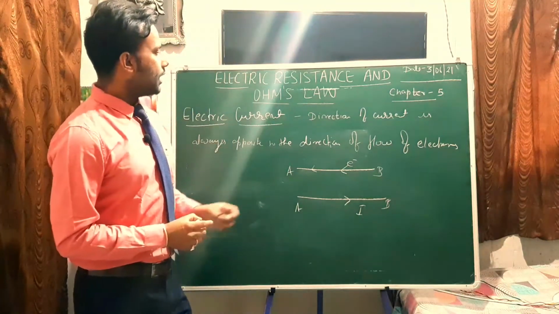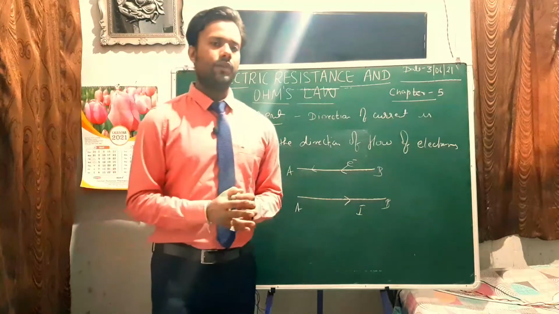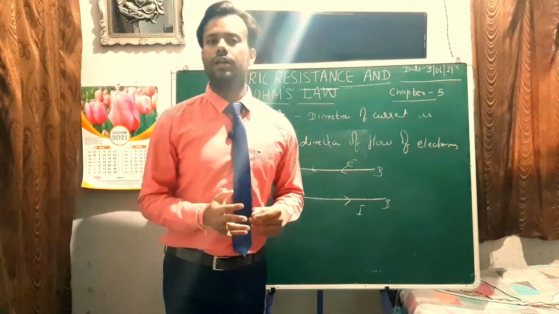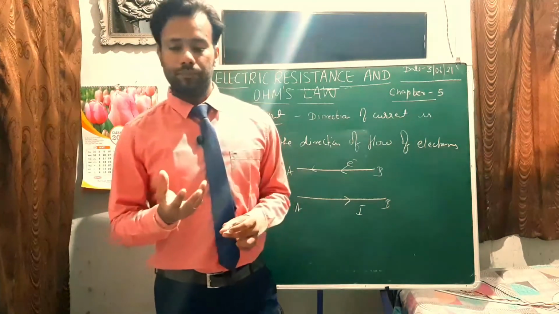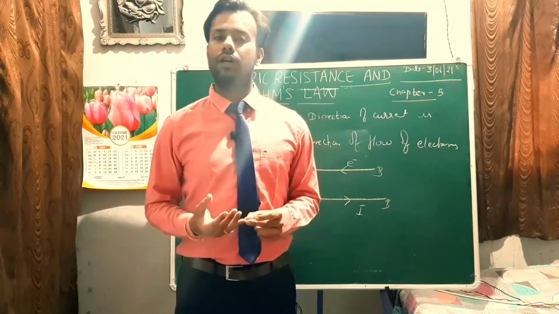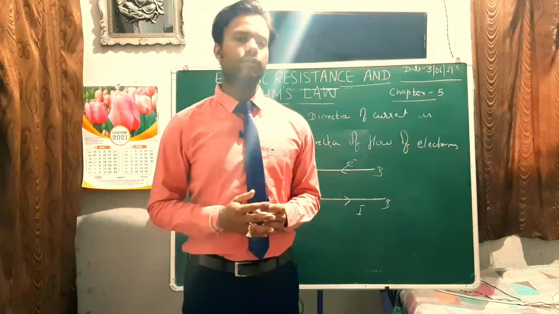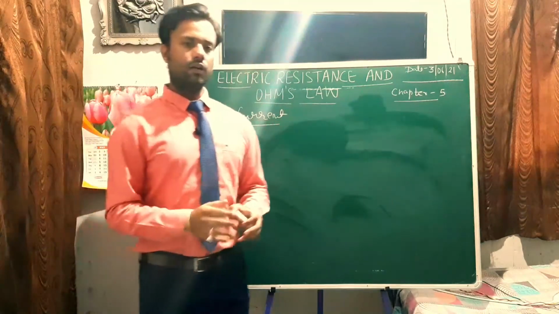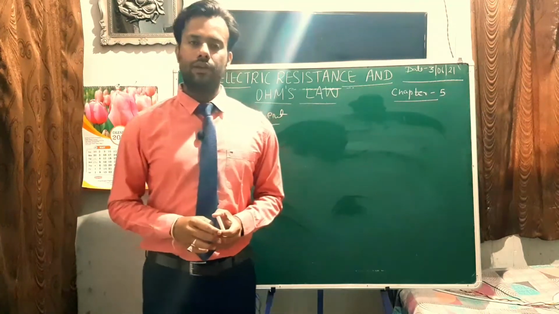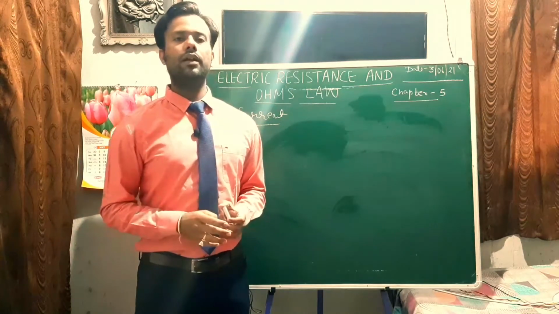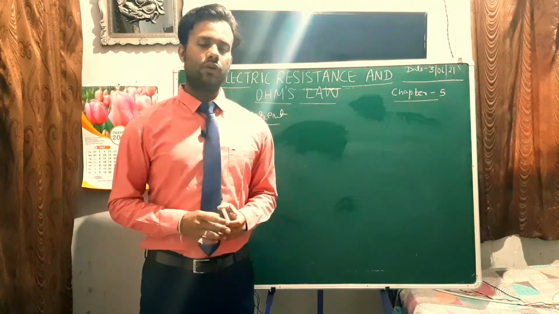Now, as you can see, current depends upon charge, and the quantization of charge is the electron. So that means we can find the value of current in terms of charge also. According to quantization of charge, Q is equal to an integral multiple of the charge of electron e.